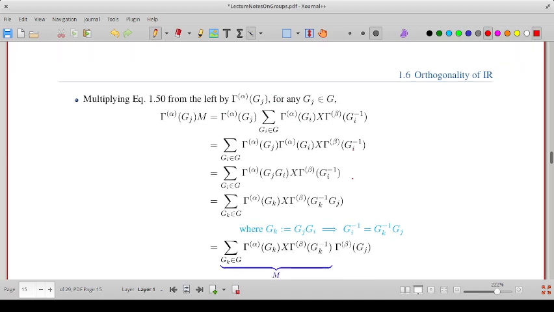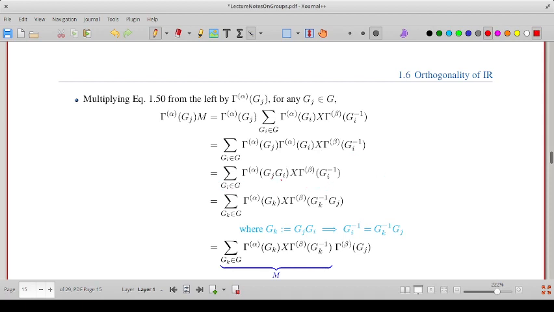Now, gamma alpha is a representation, and therefore gamma alpha Gj times gamma alpha Gi is simply gamma alpha of Gj Gi. And then we have X and gamma beta Gi inverse, with summation over Gi. Now we remember the rearrangement theorem.